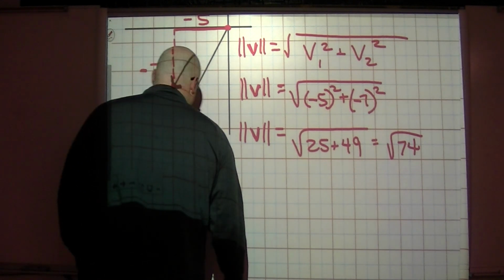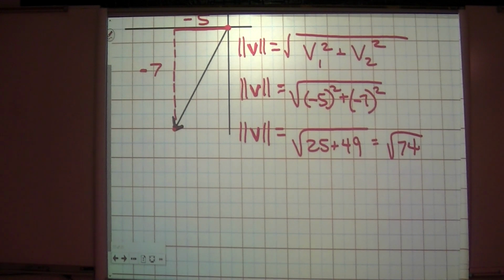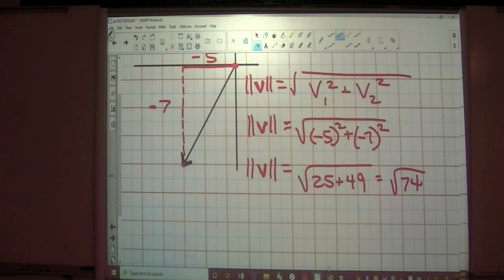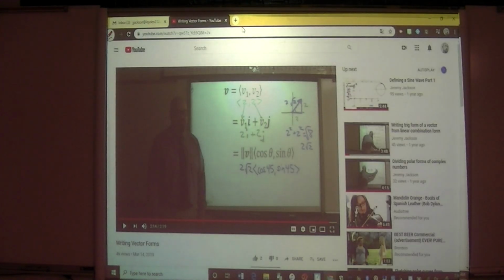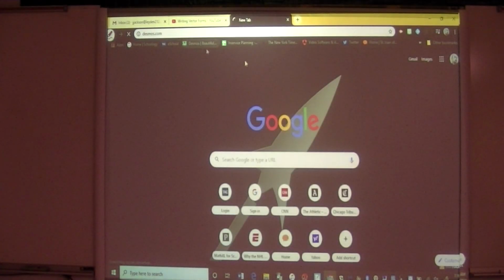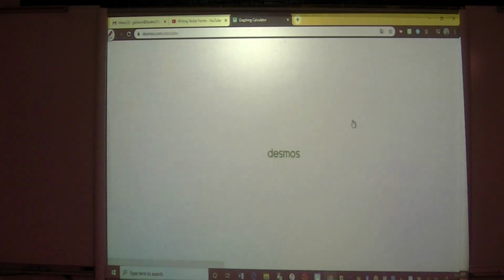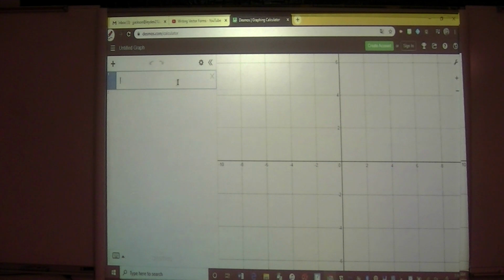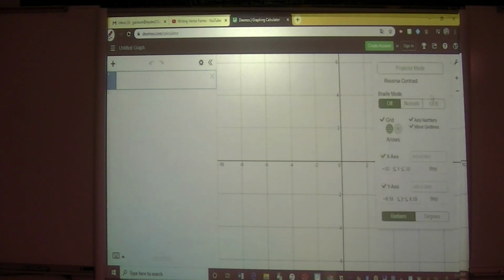I guess I'll pull up Desmos here, since we're working from home. And I don't know what the situation in your calculator is right now. We'll work from Desmos. Okay, if you're going to work with Desmos, make sure that you are in degree mode. So click the wrench, come down here to degrees.